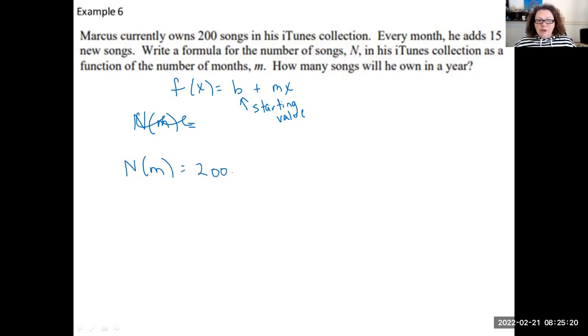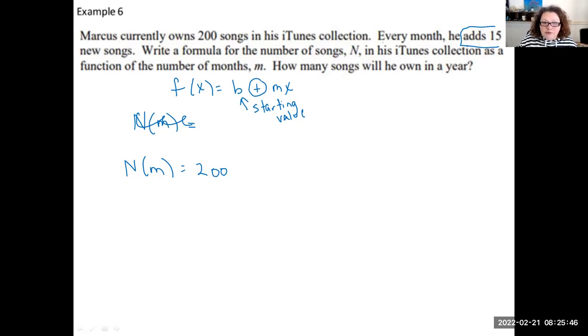Okay, the next thing we need to look at is the sign. Is he increasing or is he decreasing? You have to decide what sign based on what's happening in this situation. He is increasing, he adds. He's adding 15 new songs.